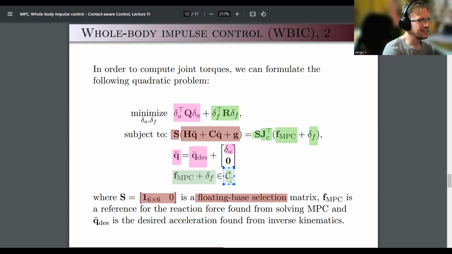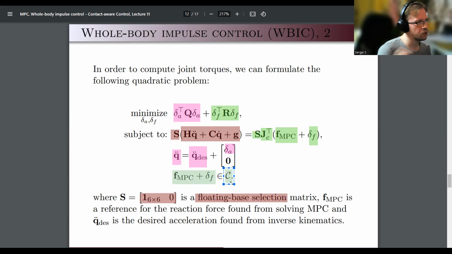So this is what they call whole body impulse control. Essentially, it's just manipulating equations in such a way that we only have the first 6, the ones corresponding to floating base coordinates.